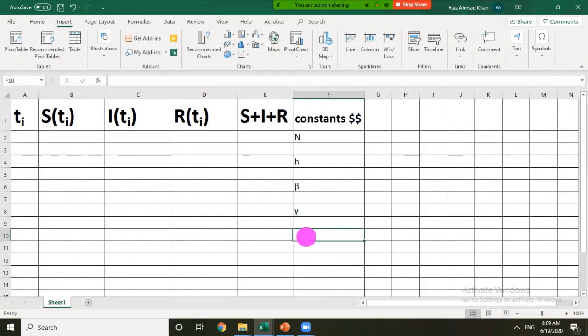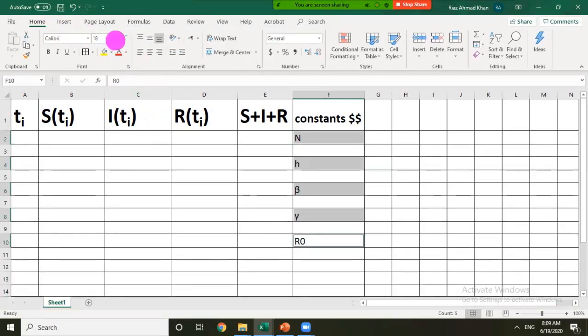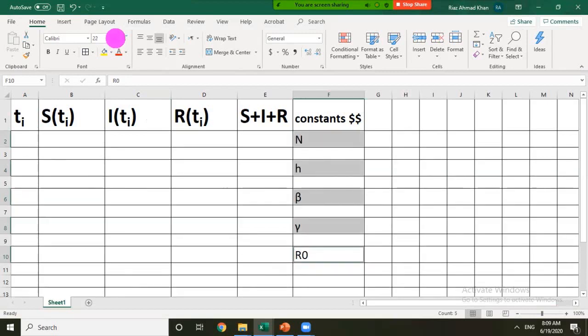Here I will write R naught. Let us also increase the font size of these. But please remember that the values of these constants will be in the next cell.